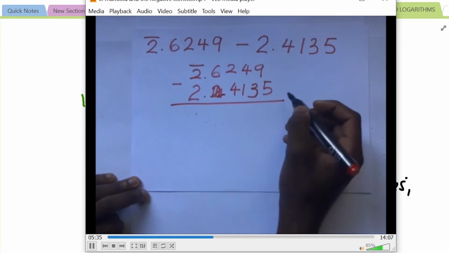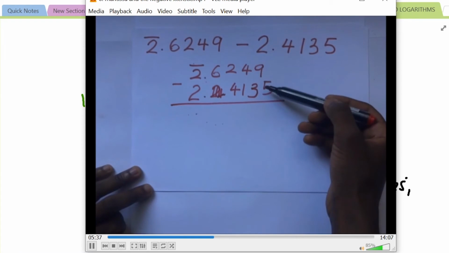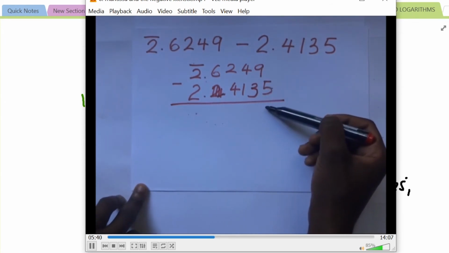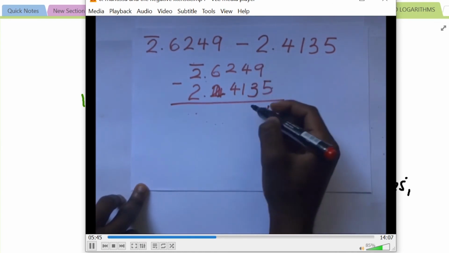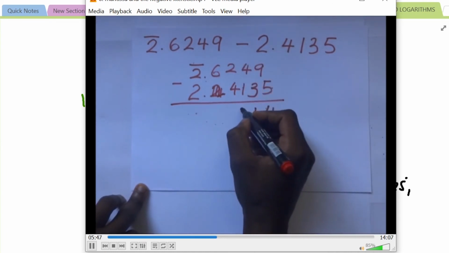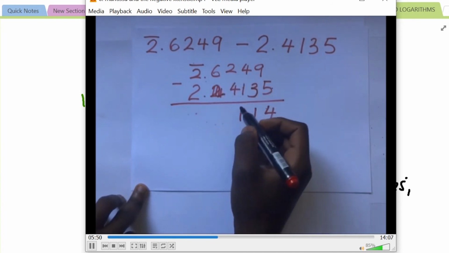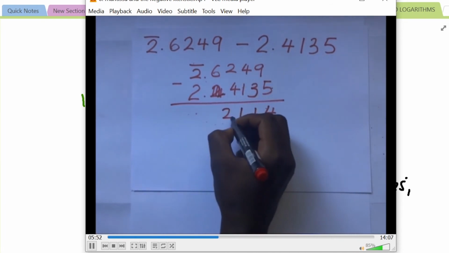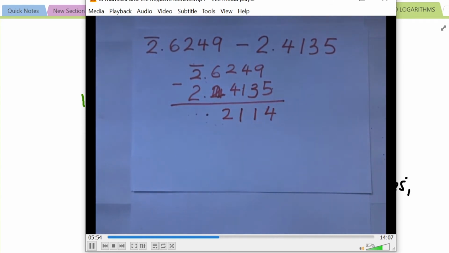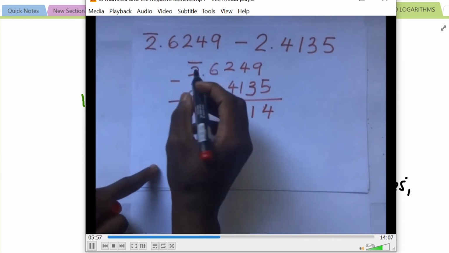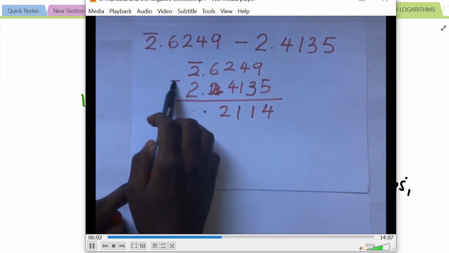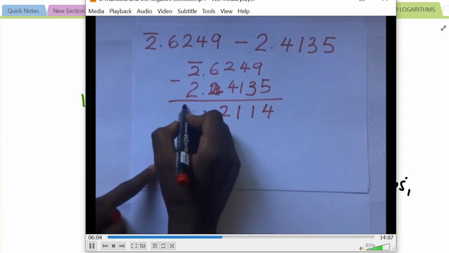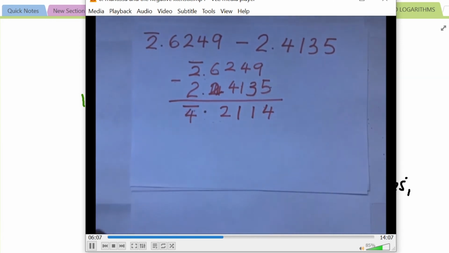When you have to subtract those, 9 minus 5 gives us 4. 4 minus 3 gives us 1. 2 minus 1 gives us 1. Then 6 minus 4 gives us 2. Decimal point. Then we shall add this. This negative only affects that number. It does not affect the rest of this part. So it's negative 2 minus 2, that's giving us 4 bar. Negative 2 minus 2 gives us negative 4.